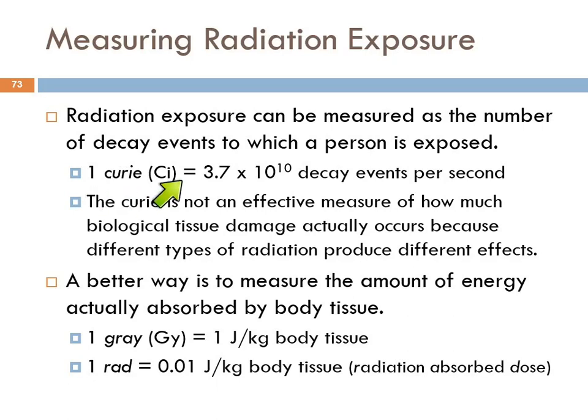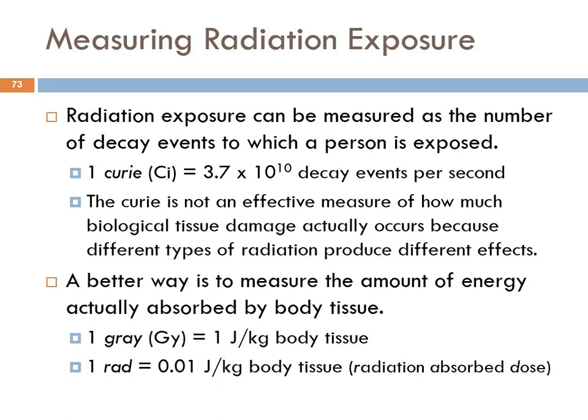A Curie is 3.7 times 10 to the 10th decay events per second, which seems like a really high number, but when you think that each decay event is most likely from one atom, it's not really such a large number. This is not a great measure of how dangerous your exposure is, because different types of radiation cause different sorts of biological damage.